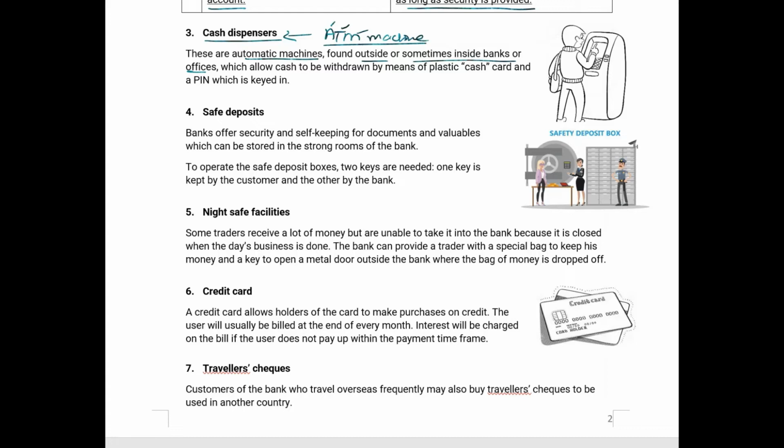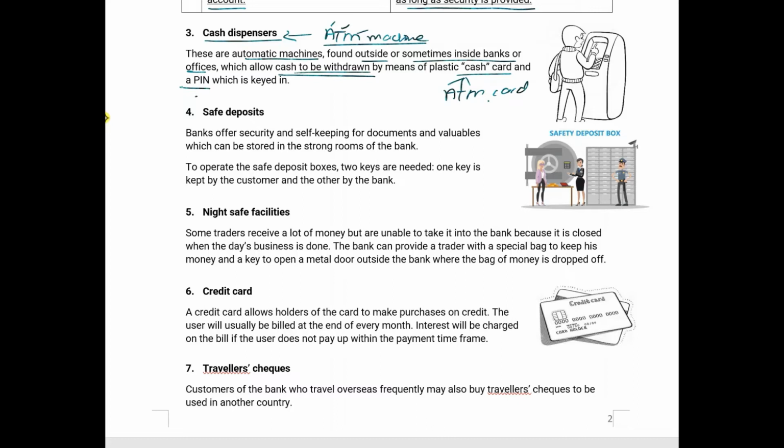They are used to allow the customer to withdraw cash by means of a cash card. Cash card over here means the ATM card. So you put in your ATM card, key in your password, your 6-number PIN, and then you can withdraw the money.